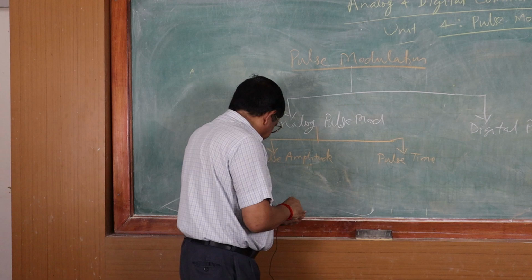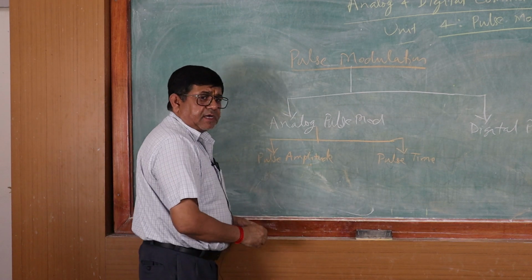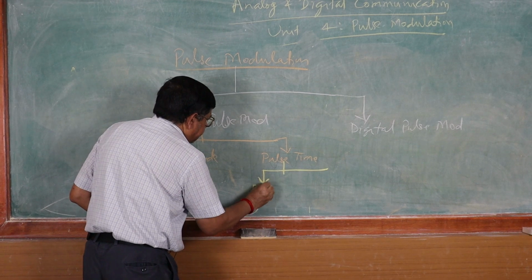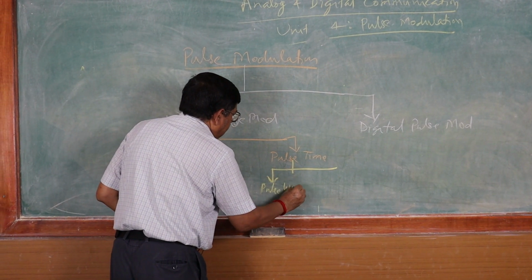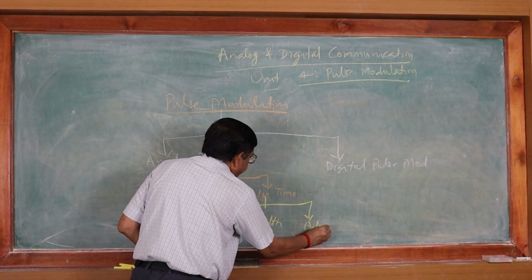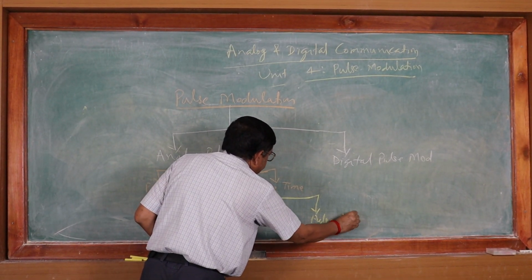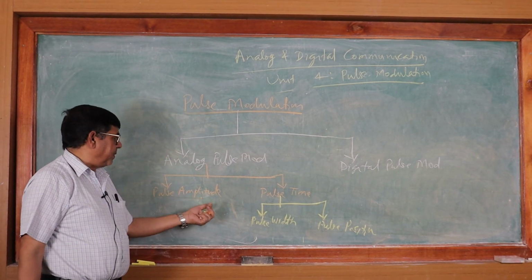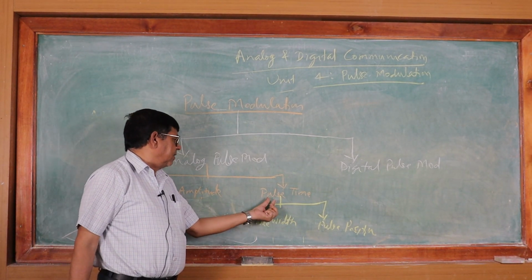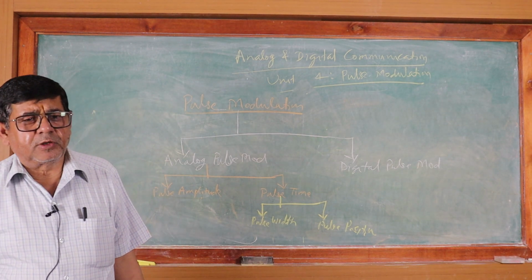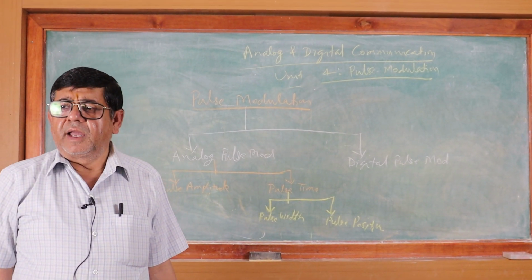Pulse time modulation is further divided into two parts: pulse width or duration modulation, and pulse position modulation. So basically three parts, but these two are combined as pulse time modulation, just as phase modulation and frequency modulation are combined as angle modulation.